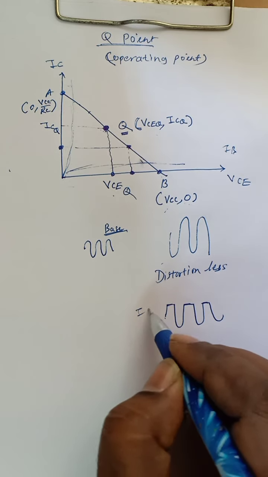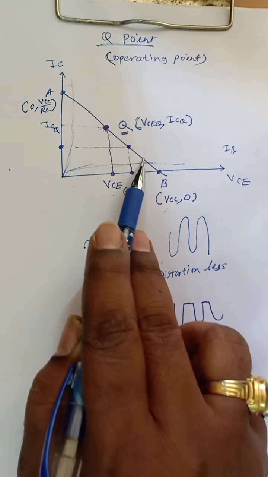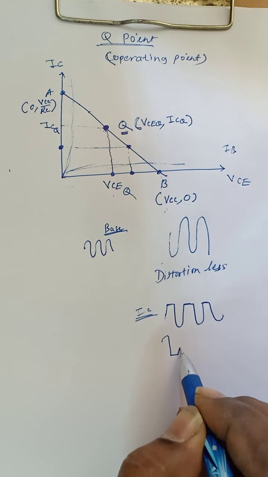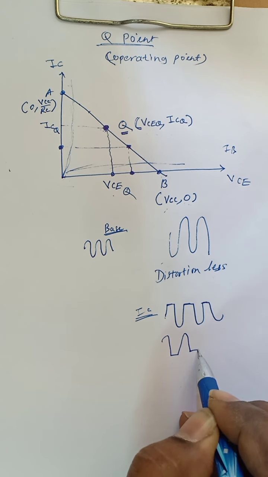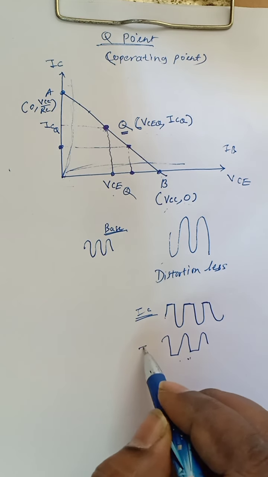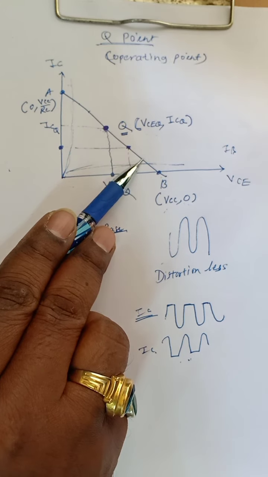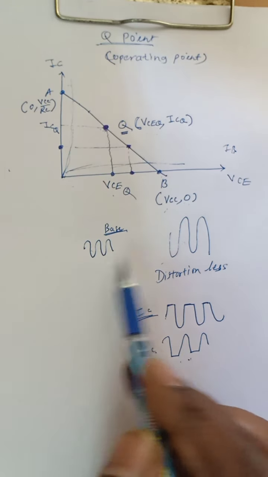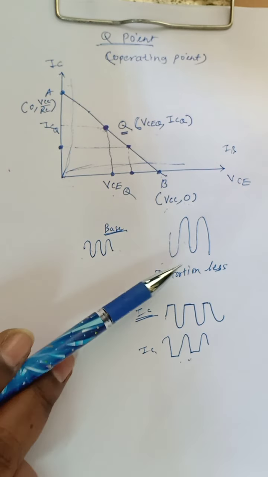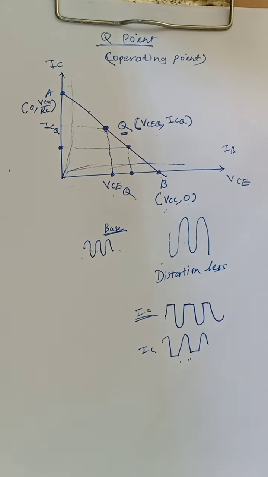This is for the collector current. When the Q point shifts down near the cutoff, the lower or negative peak gets cut. So we get distortion when the Q point is near saturation or near cutoff. For large or maximum amplification, it should be maintained at the center of the DC load line.